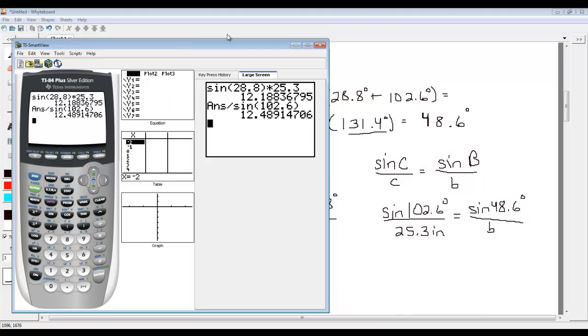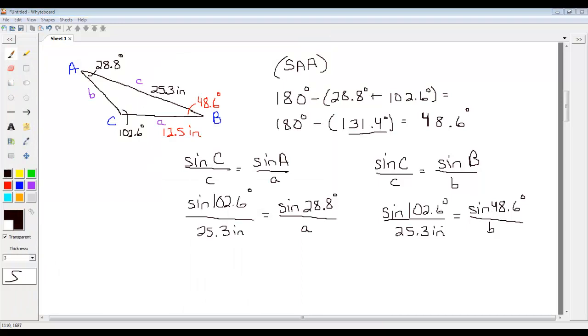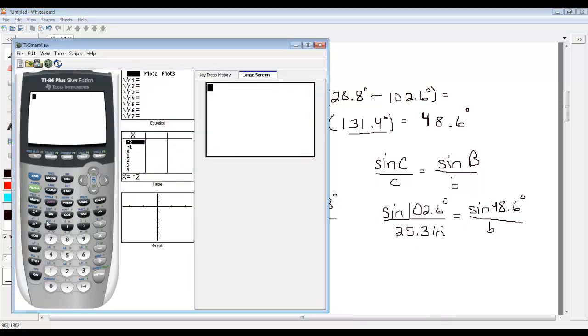Alright, so let's clear that and start fresh. This diagonal, I know I could find both of those and multiply them together. So I'm going to take sine of 48.6, close my parentheses, and multiply that with 25.3 inches. And then divide by sine of 102.6 degrees.